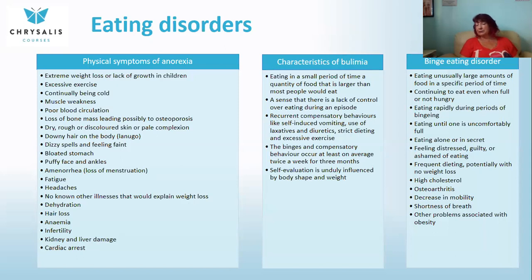And sometimes they might take diuretics and other substances that can help them lose weight. They'll deny strong feelings of hunger, and they won't want treatment. And this is why sometimes they'll need to be hospitalised.